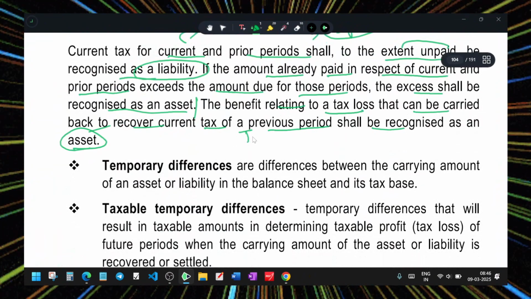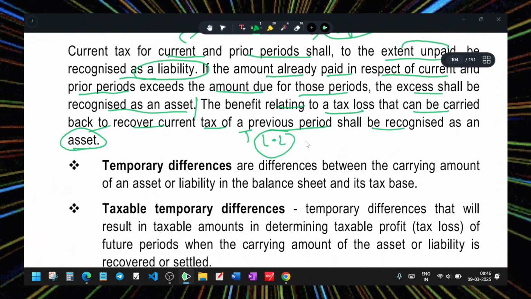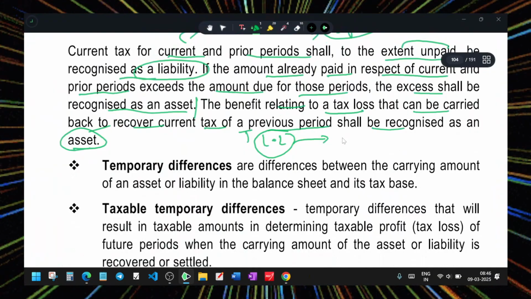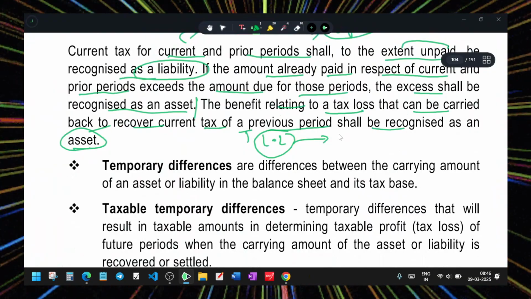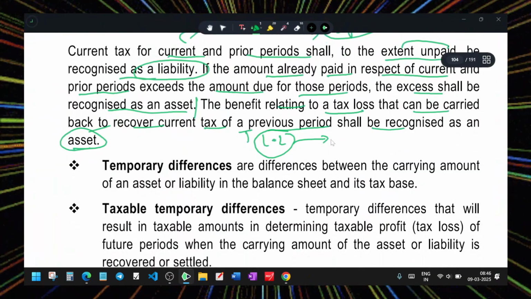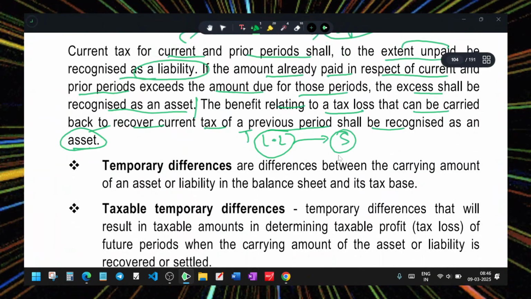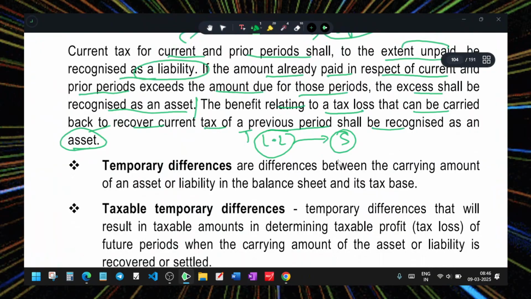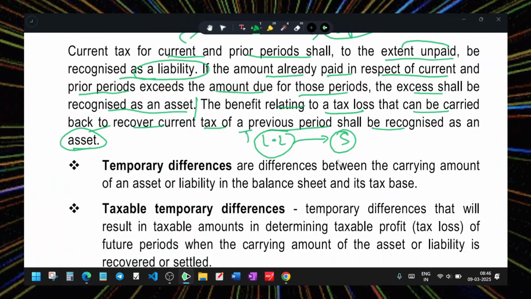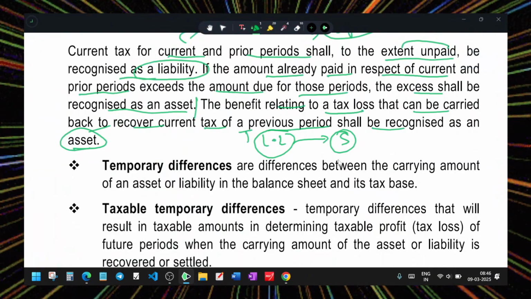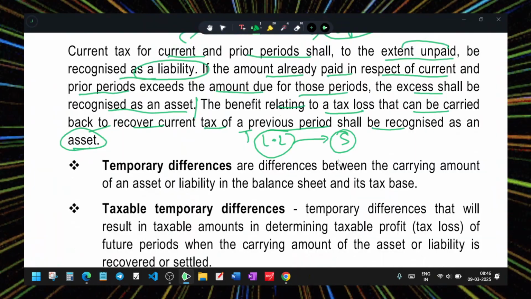But the benefit relating to tax loss: sure, I have a loss carried forward. Okay, that loss carried forward is being what? Substantiated. What is substantiated? As per the income tax provision, anyone can carry forward loss for 8 assessment years. Right? Yes.